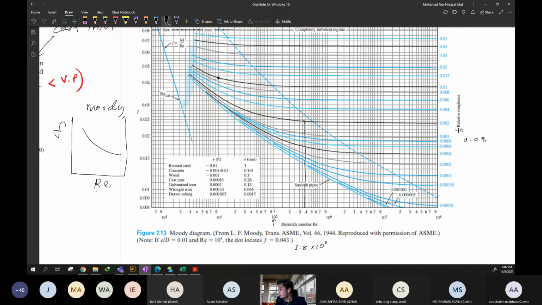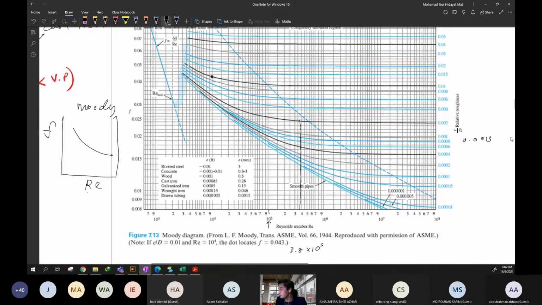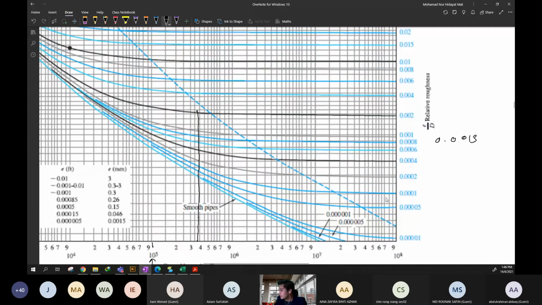And then the relative roughness of 0.0013. Where is it? This is 1, this is 2, and the middle is 0.0015, so around here.